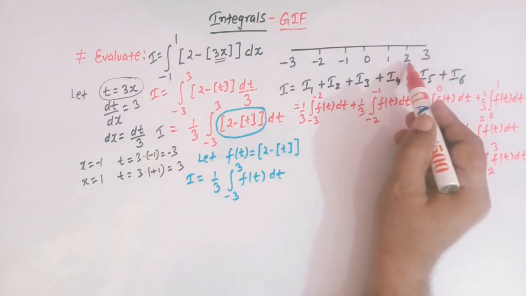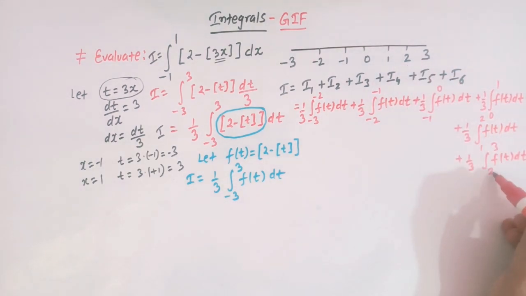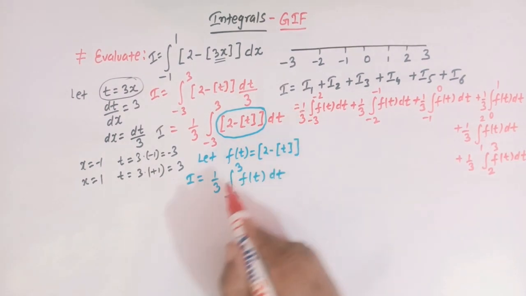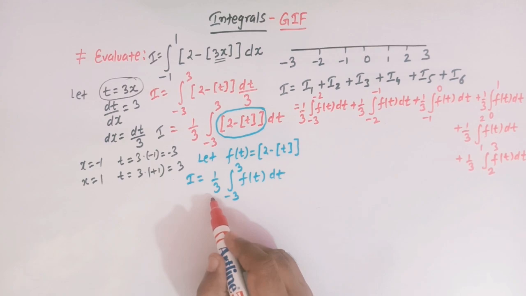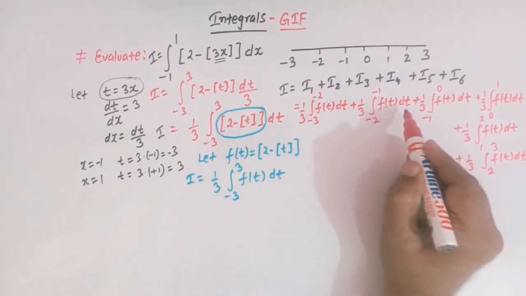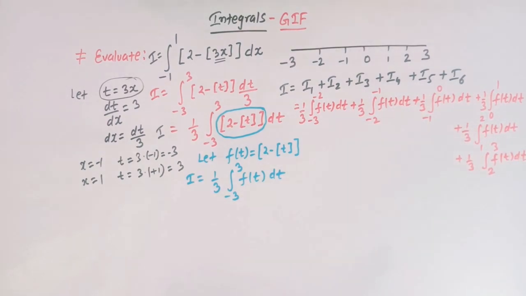The last integral, I6, is from 2 to 3, and each integral carries the factor 1 over 3. Now we'll separately solve these 6 integrals.